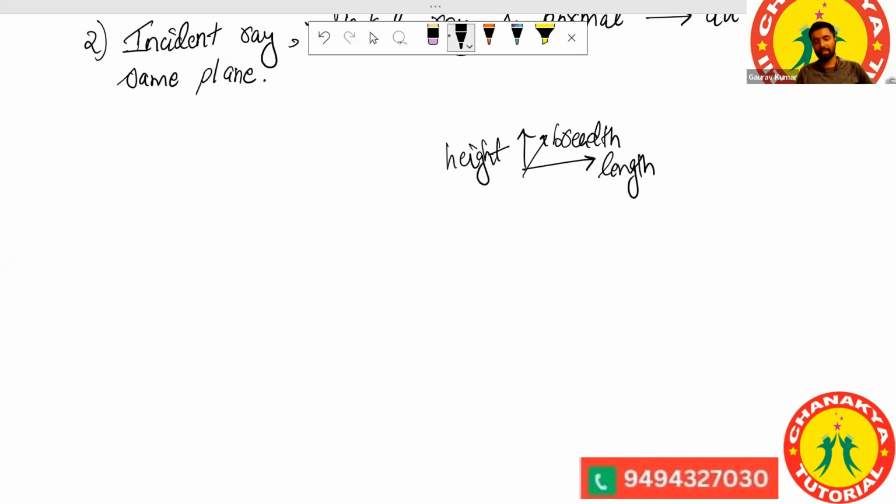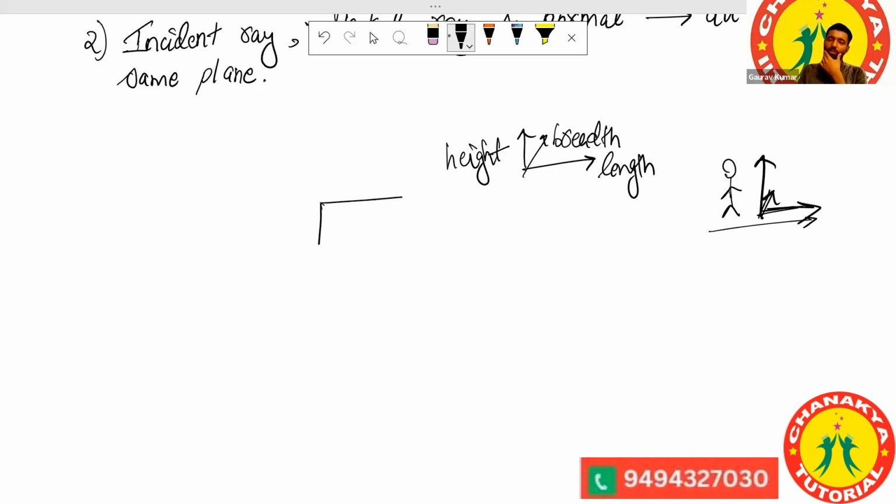If I'm standing like this, this side is my length, this side is my breadth, and this side is my height. So can I say that I am a 3D person? Did you understand what I am trying to say?